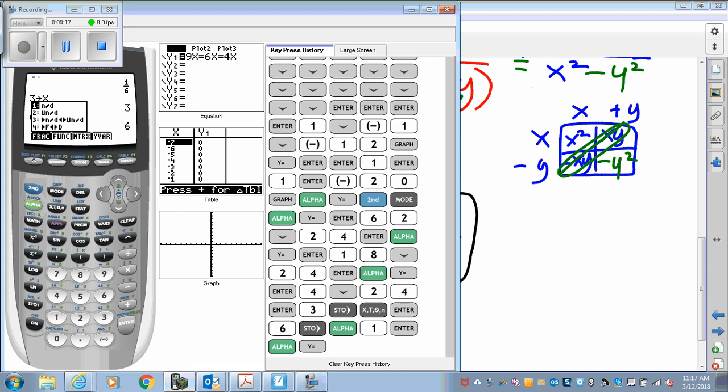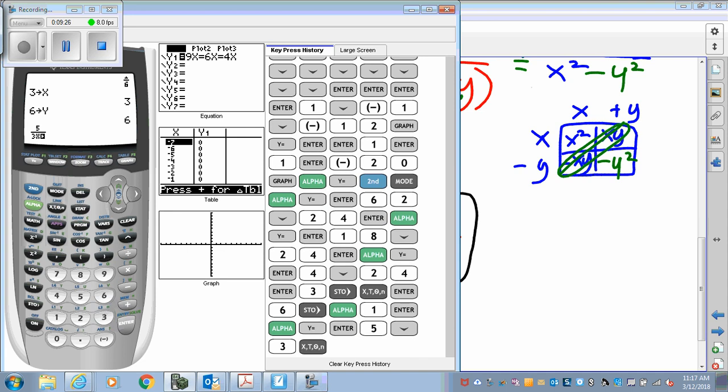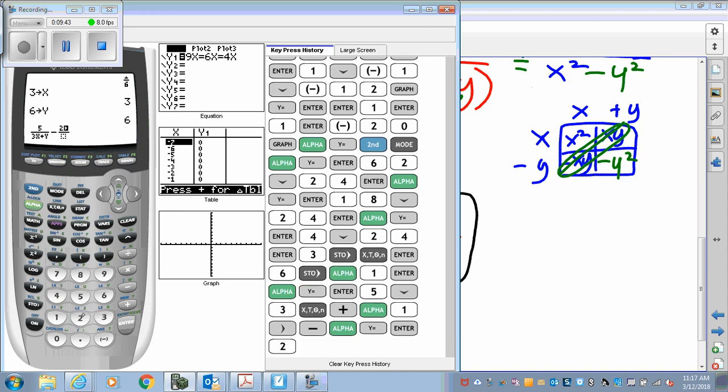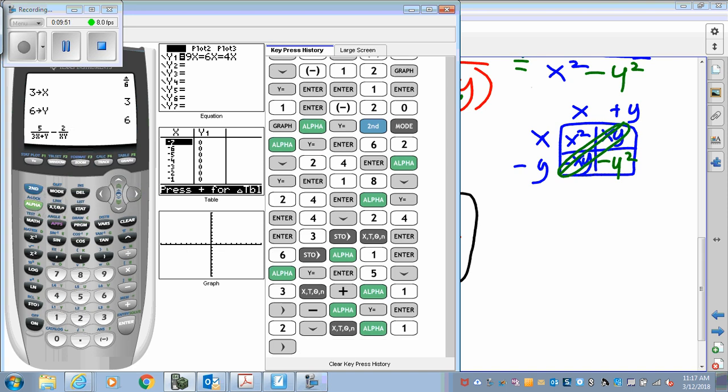So alpha y equals, I've got my fraction, and then 5 over 3x plus y, alpha 1. I'm going to arrow over and subtract 2 over xy, x times y. So that is my original problem, right? You can see that right there. And then I'm going to hit enter, and I get a number.